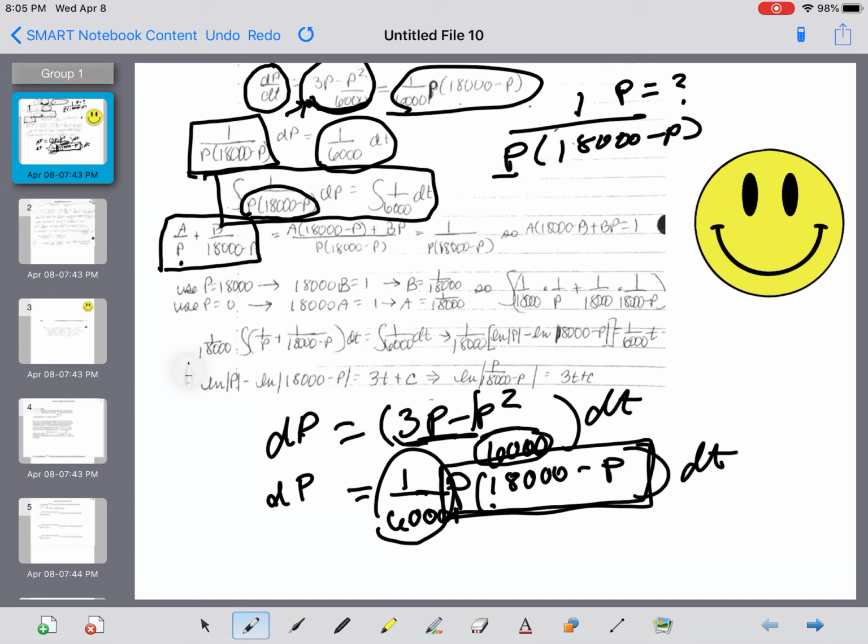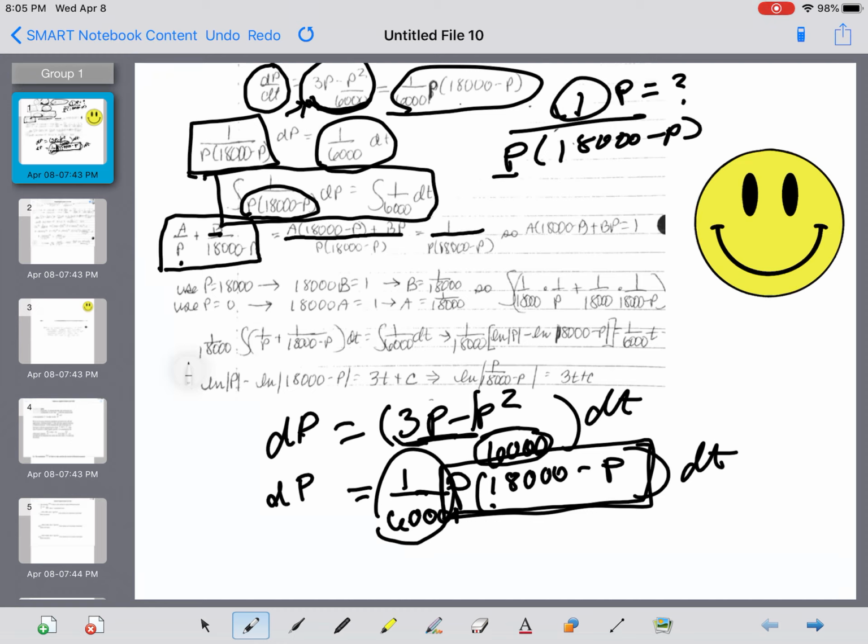And then I did what we've just learned with partial fractions. So I multiplied A by, to get a common denominator, 18,000 minus p. And I multiplied B by p. And I set it equal to the numerator, which was 1.